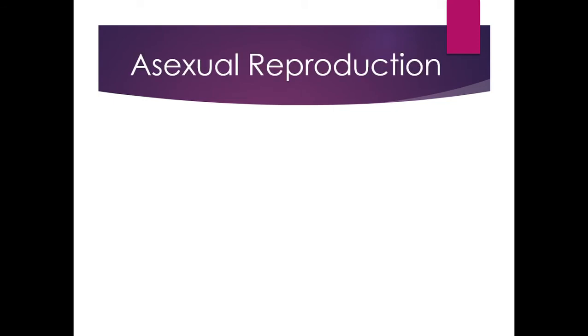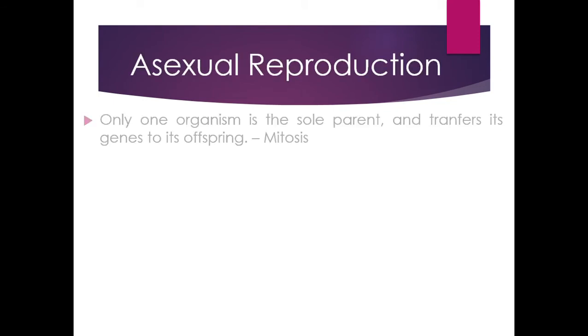We have to analyze the process of asexual reproduction. Only one organism is the sole parent and transfers its genes to its offspring, like in the mitosis process. So, in asexual reproduction, it is not necessary to have two parents, just like we saw before. You can have only one mother cell, and thanks to the process of mitosis, the cell divides in two.